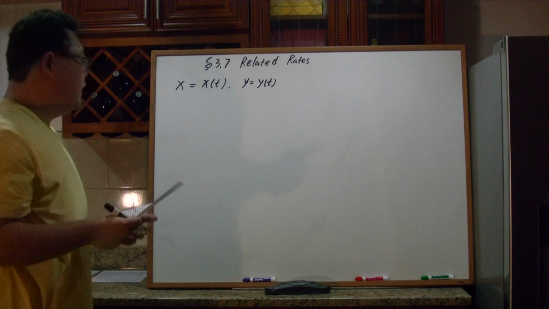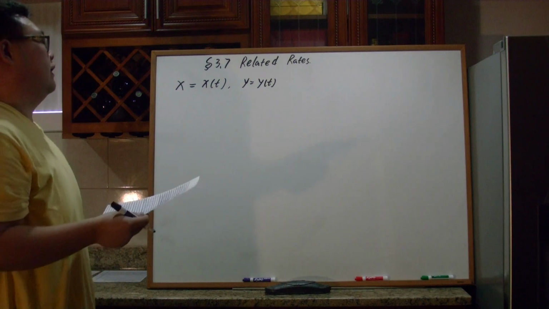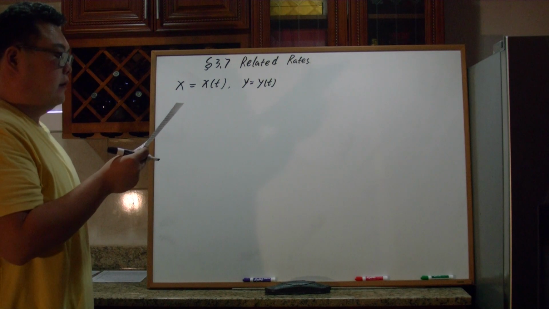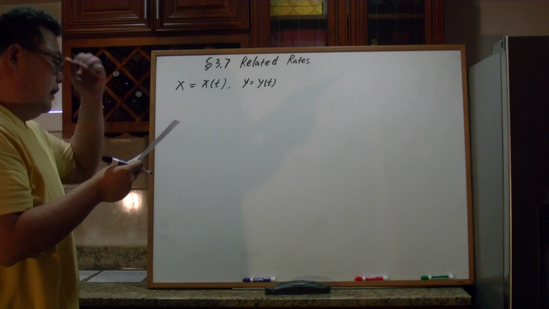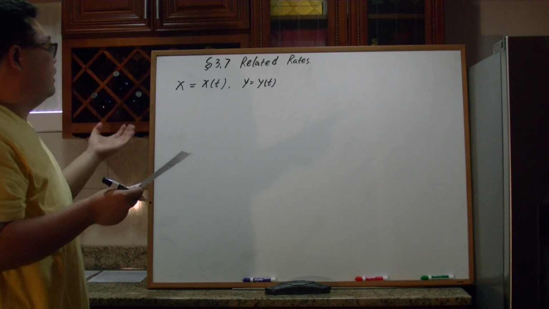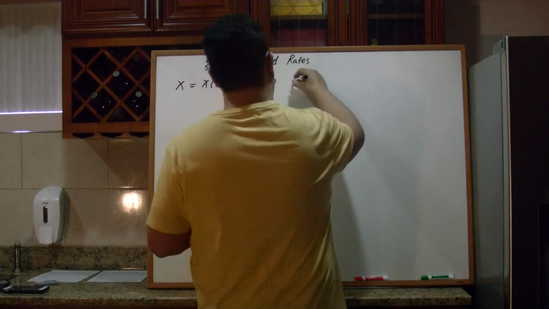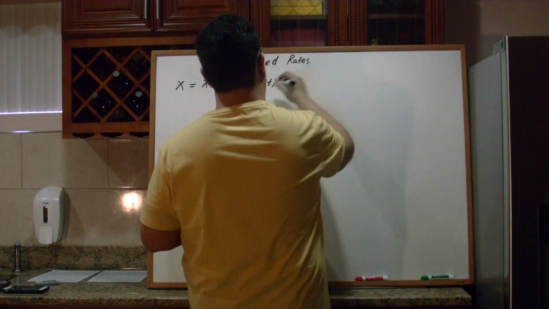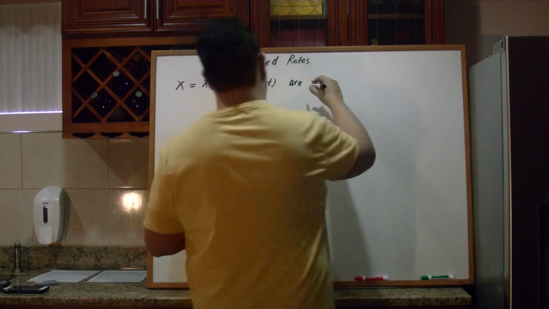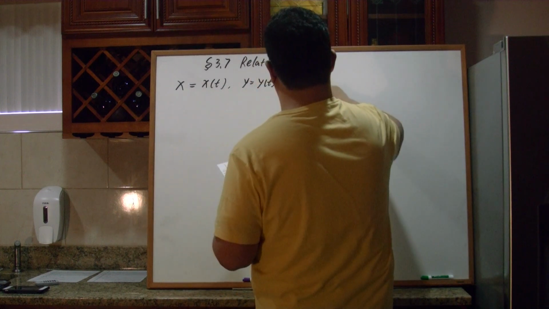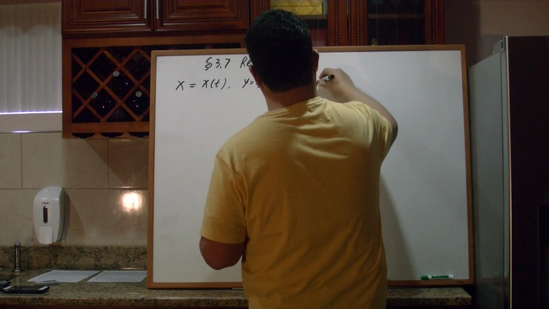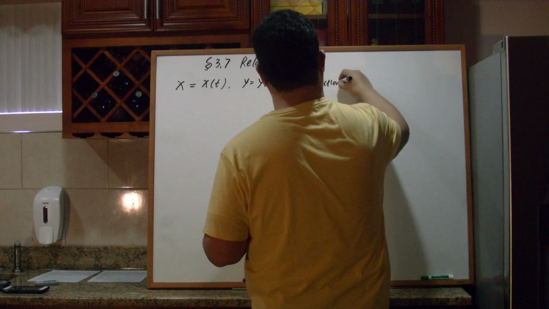Any set of variables, like the height, the volume, or something else, are functions of time. Not necessarily x and y; we could use other variables, but they are all functions of time.